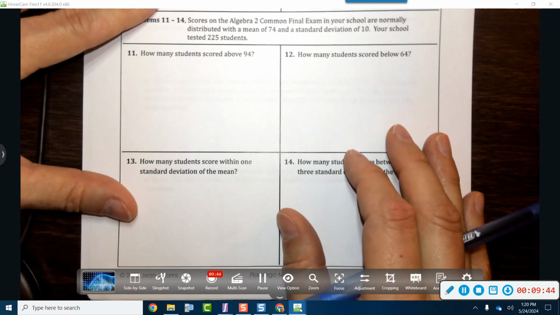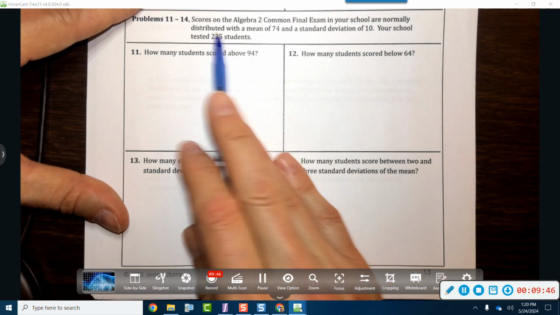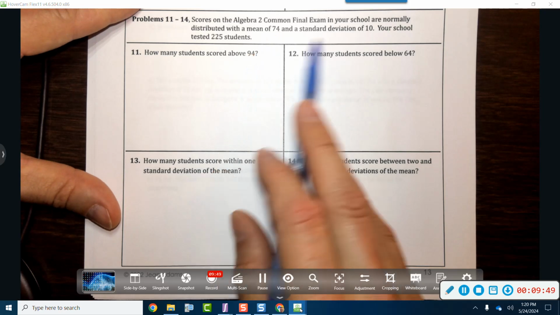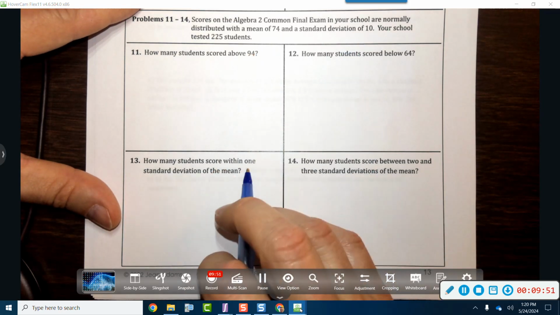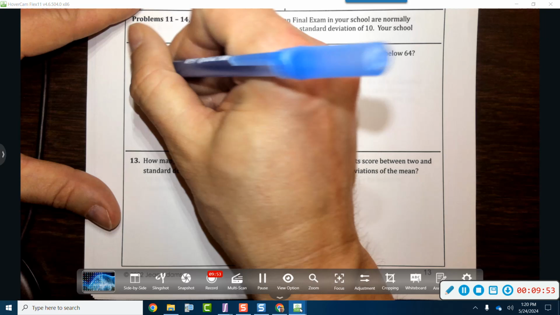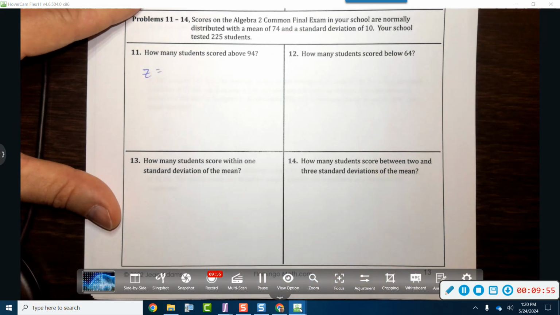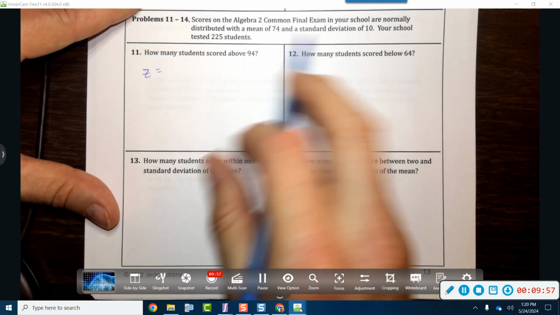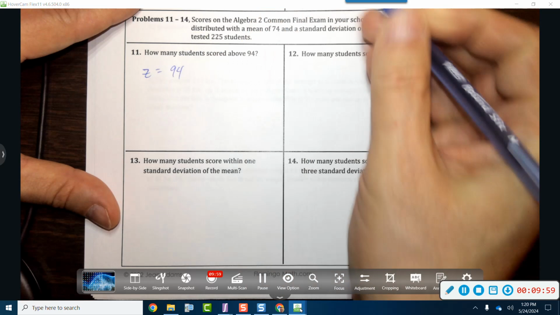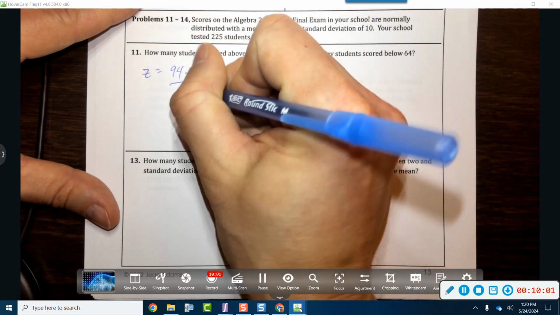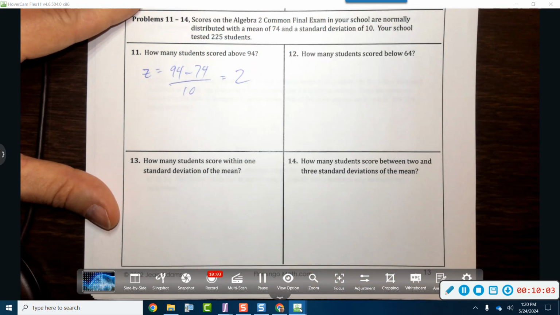So let's get this score first. Looks like these are going to be kind of clean, or at least this first one is. The z-score here is 94, so 94 minus 74 divided by 10 is going to be 2.